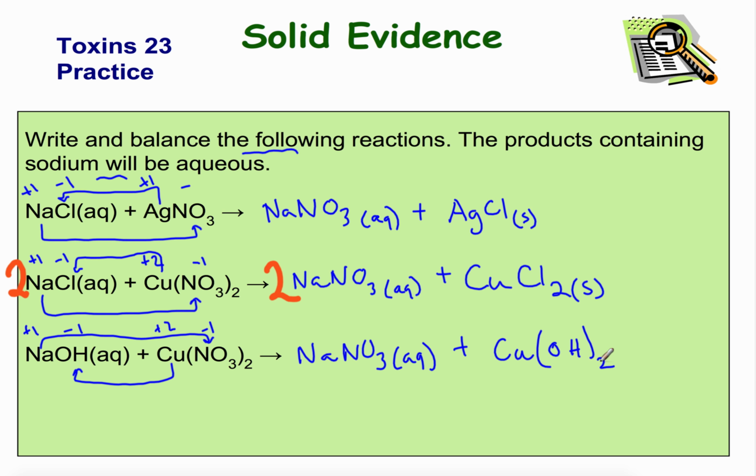We need 2 of them to balance out. That equals 0 up here because 2 plus, minus 1 times 2, is 0. And we need to go back and balance the equation. So I'm going to need 2 NaOH and 2 NaNO3. 2 Na, 2 Na, 2 hydroxides, 2 hydroxides, 1 copper, 1 copper, everything is good.